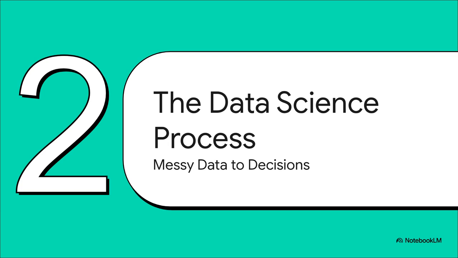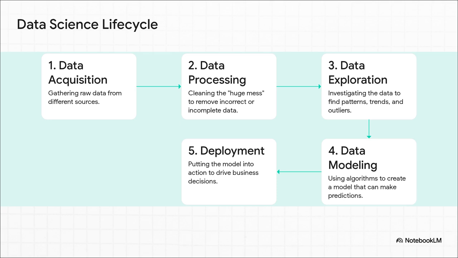But here's the thing. It's not magic. It's a very structured process. So now, let's zoom out and look at the actual step-by-step life cycle that turns all those messy numbers into a clear, smart decision. Okay, so it all starts with data acquisition. For Walmart, that means gathering all those sales reports. But that raw data, it's always a huge mess. So the next step is processing, basically cleaning it all up.